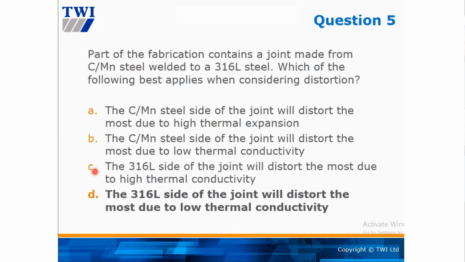All right, number 5. Parts of a fabrication contain joints made from carbon manganese and 316L. We have discussed this about the material. So the answer goes to D because 316L has low thermal conductivity and also high coefficient of expansion.